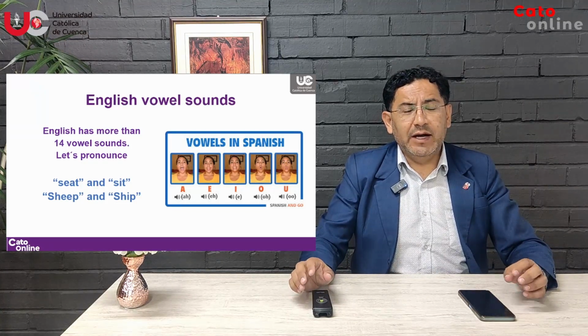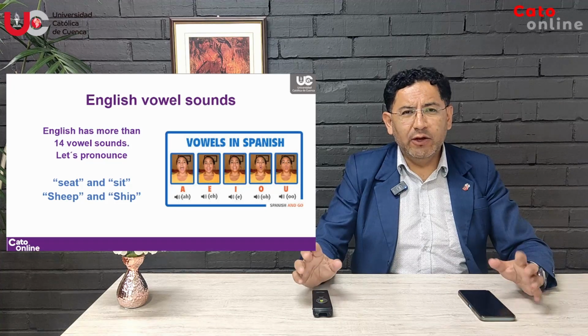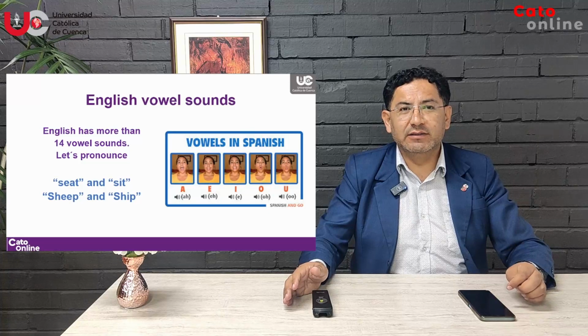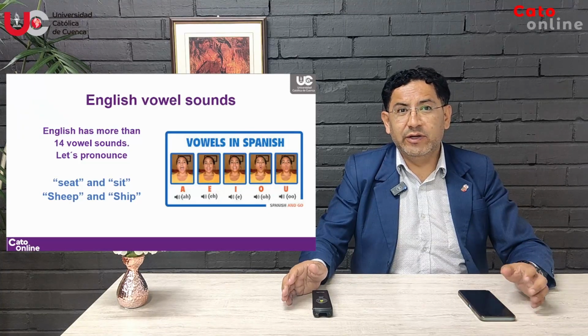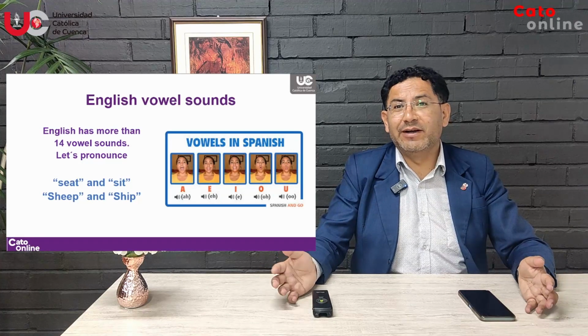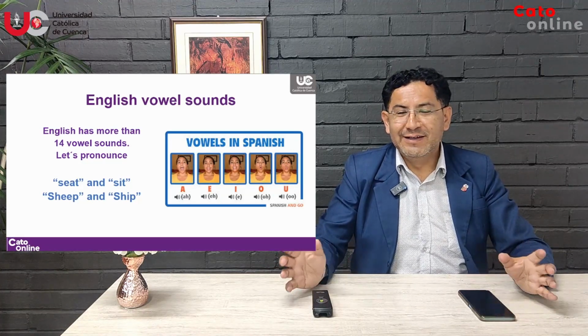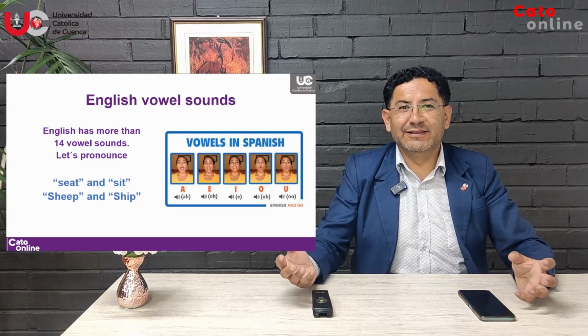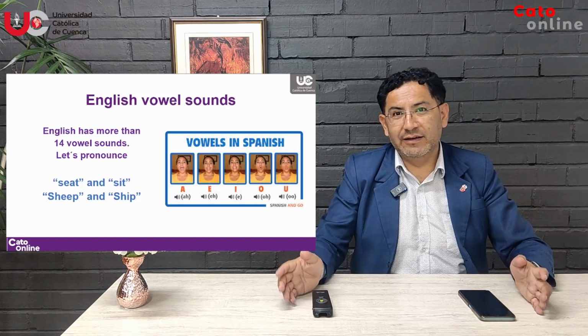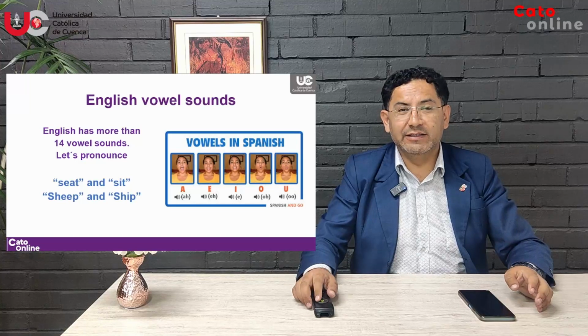But now we are going to see the vowels in Spanish. We have A, E, I, O, U. Very easy. We don't have more sounds with these vowels. A, E, I, O, U. Very easy.